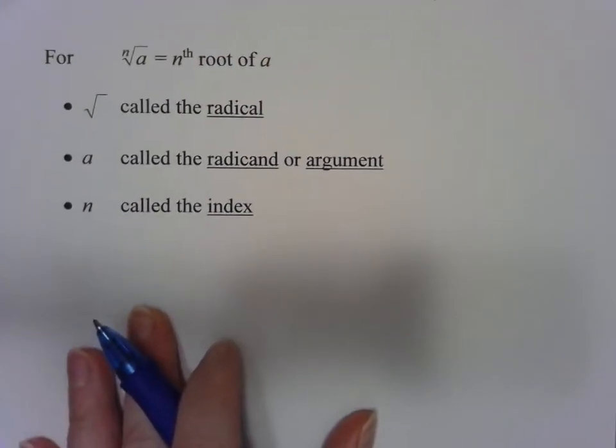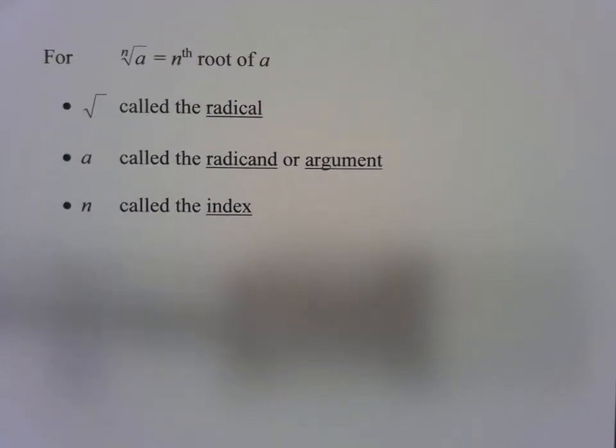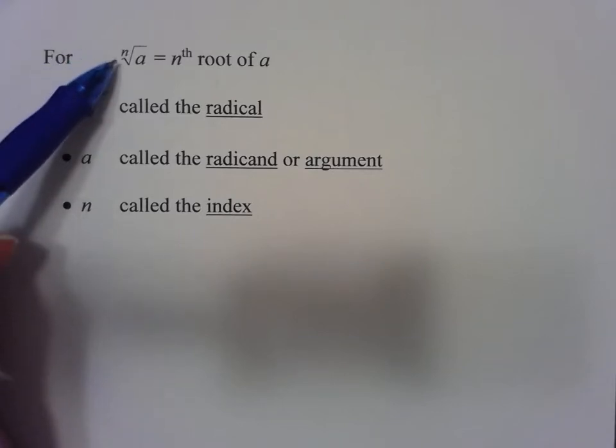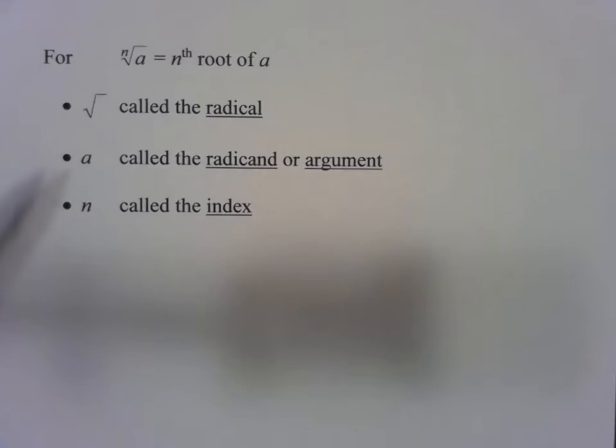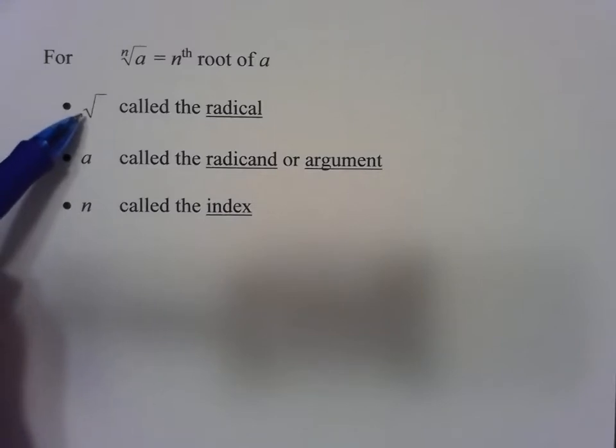I like to use this just to talk about some of the terminology that could come along with a radical. So if I want to be general and talk about the nth root of a, we could take a look at each of these pieces. The square root symbol is usually called the radical.